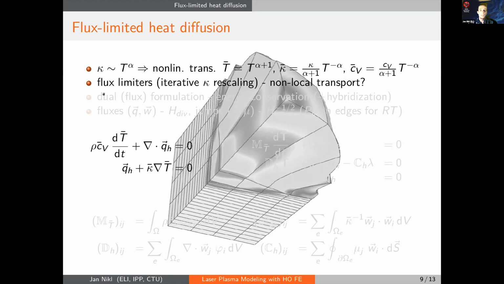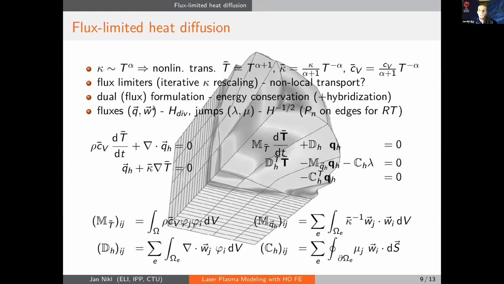Another thing is that we must apply some flux limiters, because it's known that classical diffusive theory overestimates the heat fluxes. And the only self-consistent answer can be given by non-local transport methods. And that's why we are also interested in those. And I will talk about them in a while.